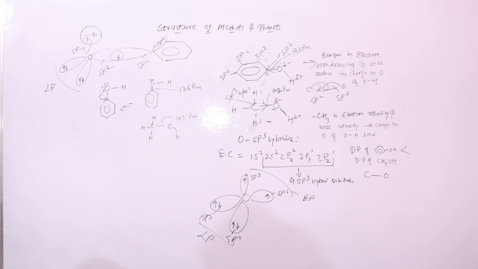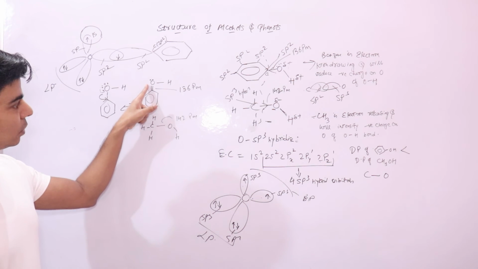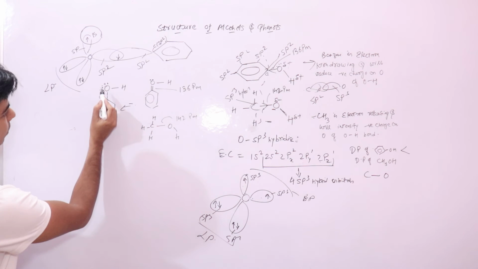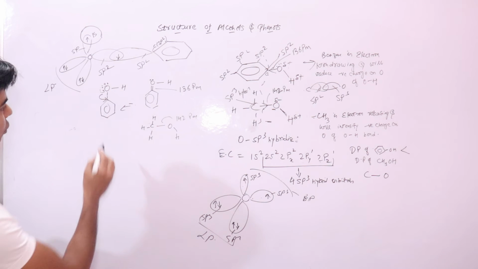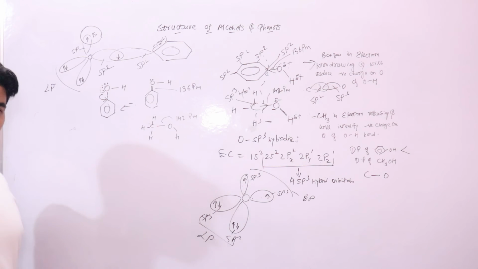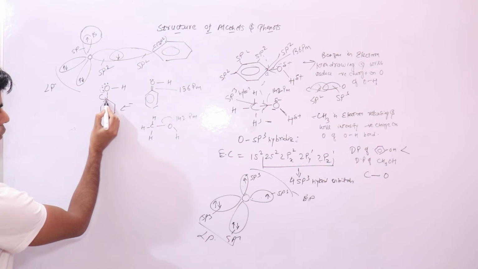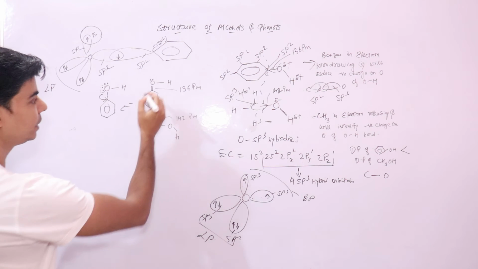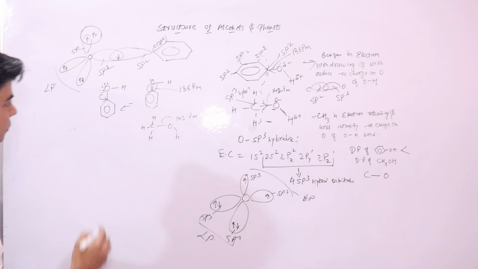The simple reason, if the question comes why the bond length of CO is less in phenol than in methanol, is that the lone pair of electrons on the oxygen atom of phenol enters into conjugation with the benzene ring, right? We know that this benzene is already conjugated, so this lone pair will enter into conjugation with this benzene ring, thereby developing a slight double bond character, a partial double bond character, right?